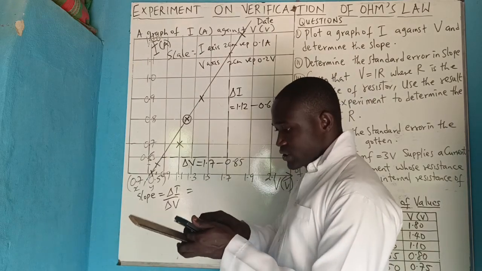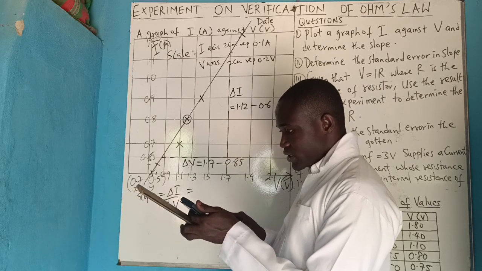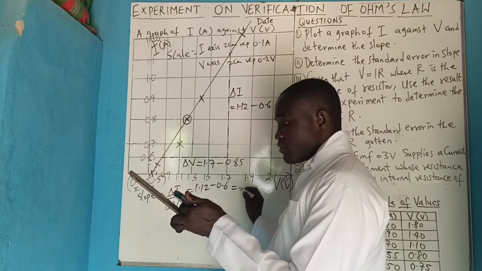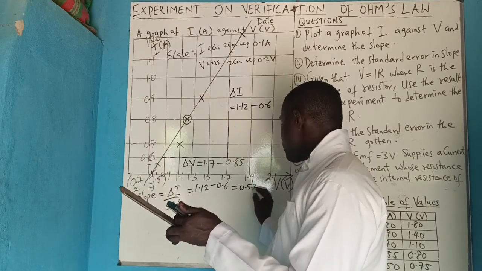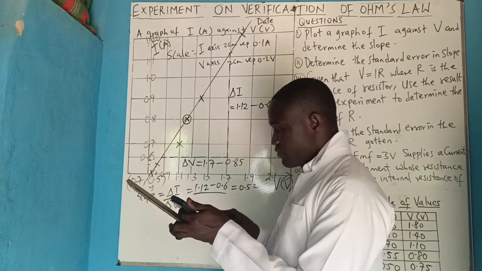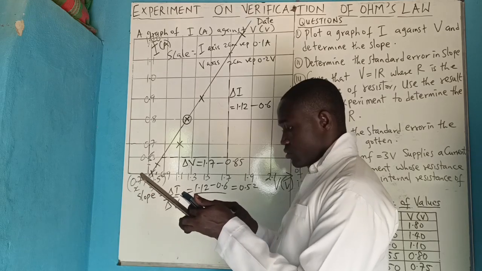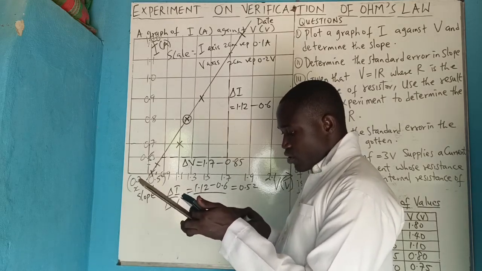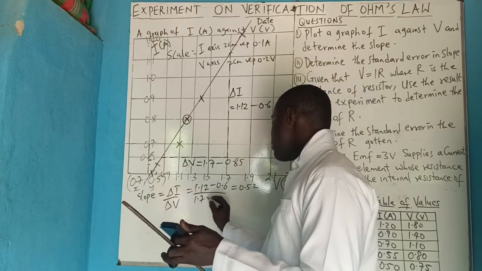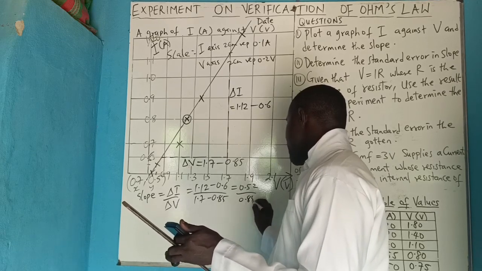This minus this, 1.12 minus 0.6, will be giving us 0.52, all over 1.7 minus 0.85.